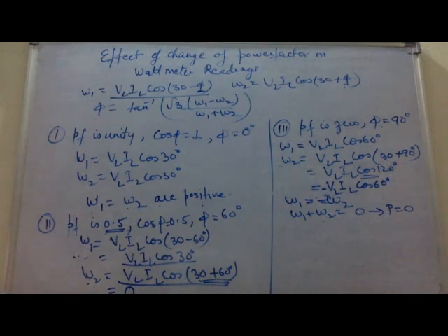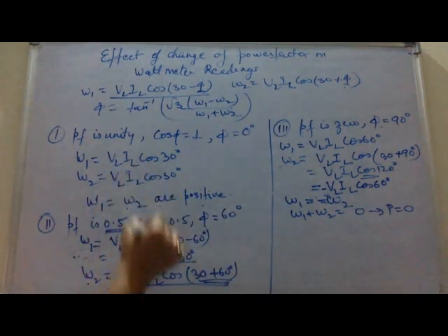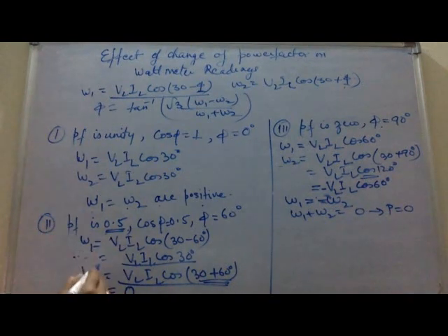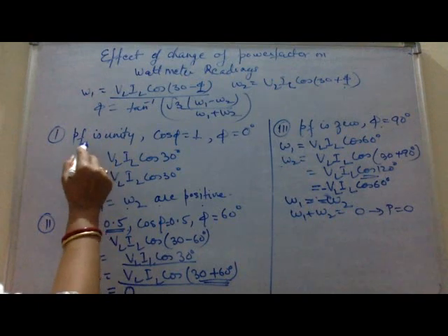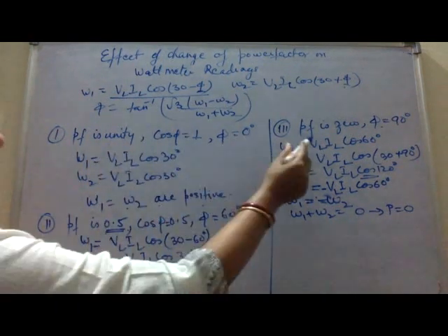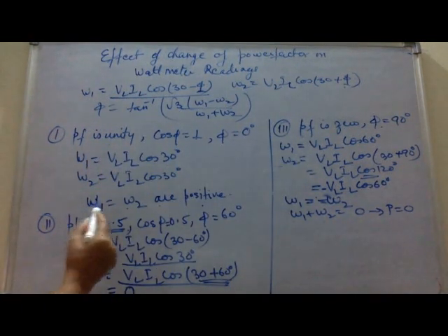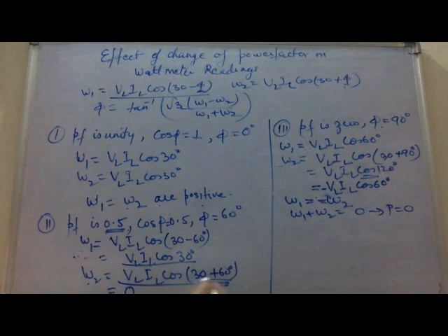and we can measure the negative power. Now when you see the changes in the reading of W1 and W2, as the power factor approaches from unity to 0, the value of W1 increases. But what about W2?